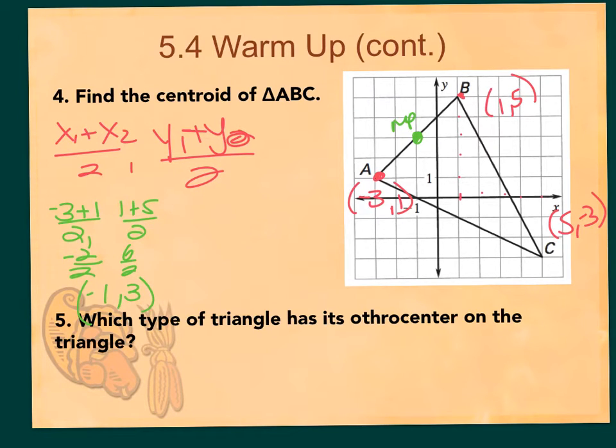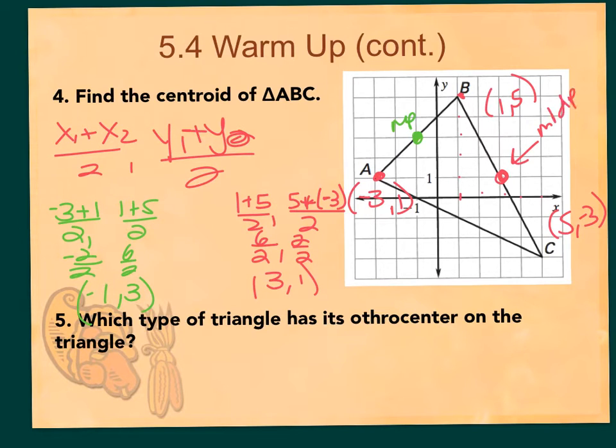And then I'm going to do the same thing to BC. 1 plus 5 divided by 2, 5 plus negative 3 divided by 2. 3, 1. And then the last one is AC. So A is negative 3 plus the x of C, which is 5, over 2, and 1 plus negative 3 over 2.